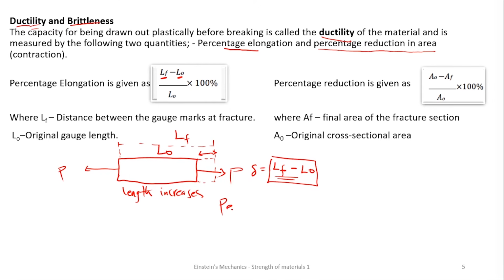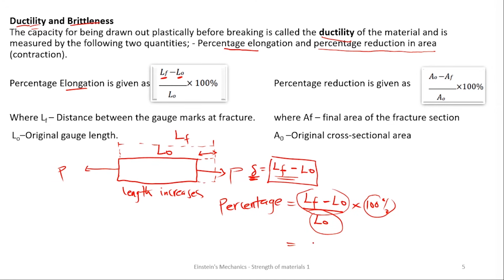So percentage of elongation. Why are we using the length for the elongation? It is going to be the final one minus the initial one. So this basically is representing the elongation. It is just the elongation that we are trying to establish over the initial length times 100%. So what it means is, if the original length was 100%, what percentage was it increased?